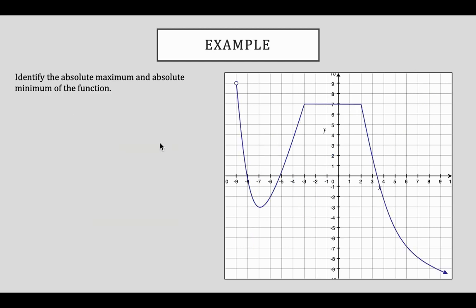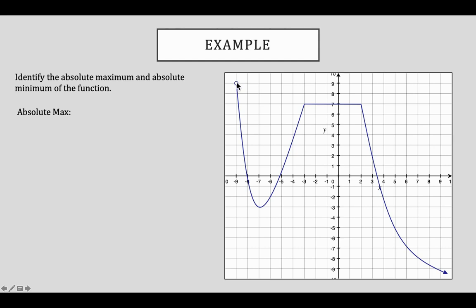Okay, let's take a look at another example. Identify the absolute maximum and absolute minimum of the function. Starting with the absolute max. Again, what is the greatest y value of the graph? Well, looking at the graph, our y values approach 9 right here. Are they ever going to reach 9? No. That is shown by the open circle, right?